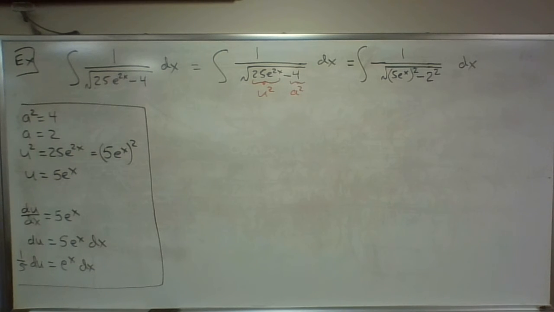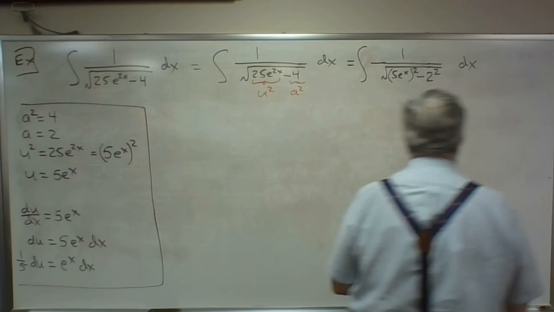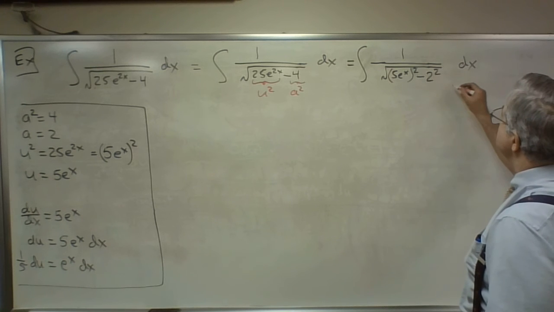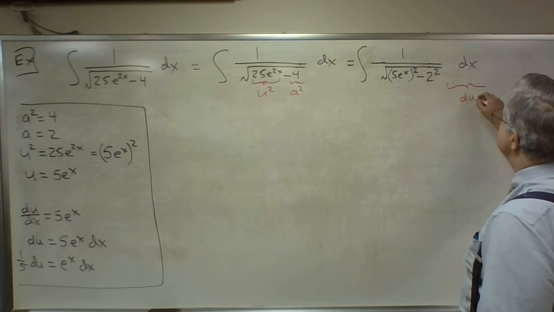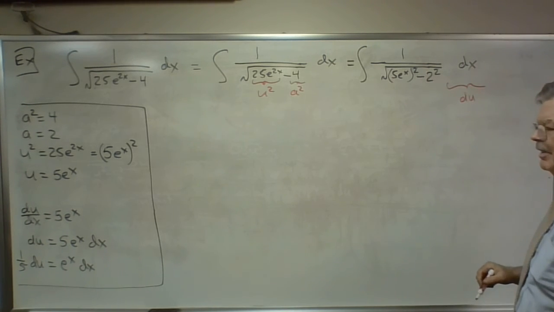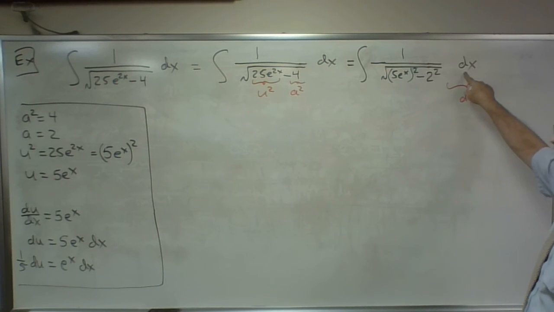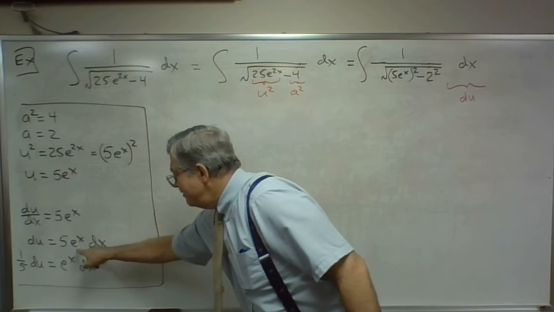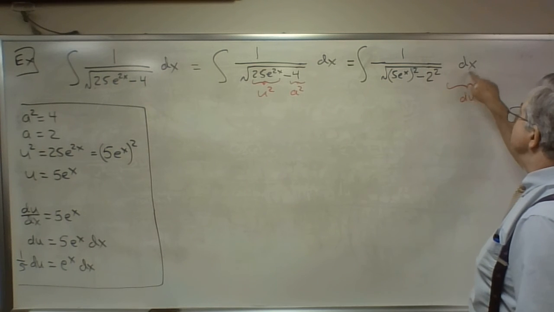But let's see what I'm missing. What am I missing? In order to make this thing du, this should be 5 e to the x dx.